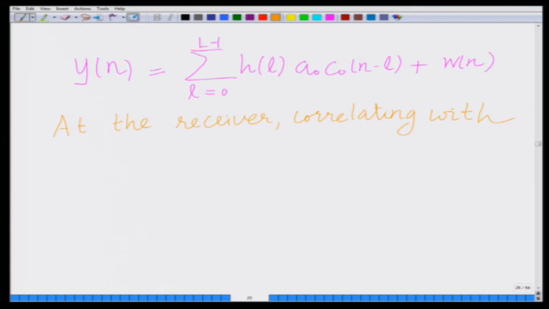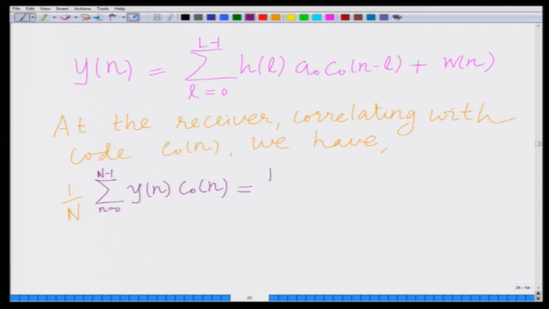At the receiver, correlating with code C0 of n, we have 1 over N summation n equal to 0 to N minus 1 yn C0 n equals 1 over N.